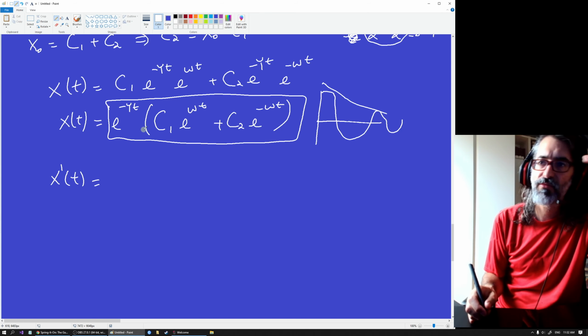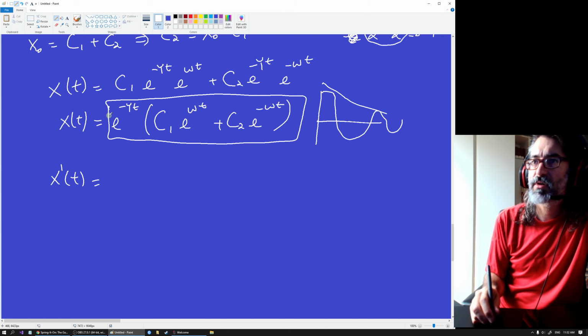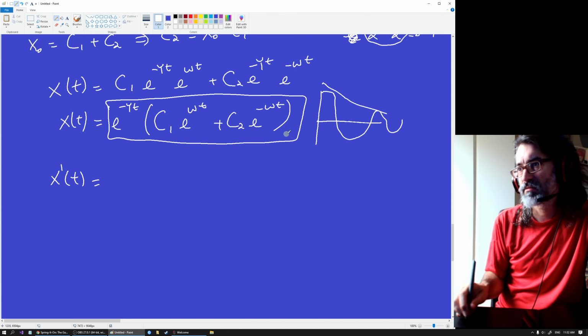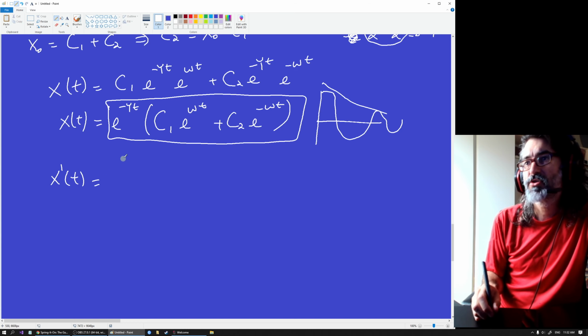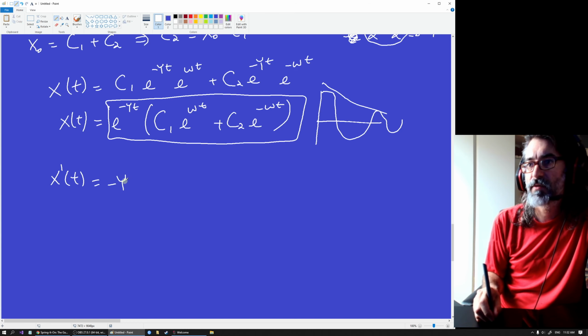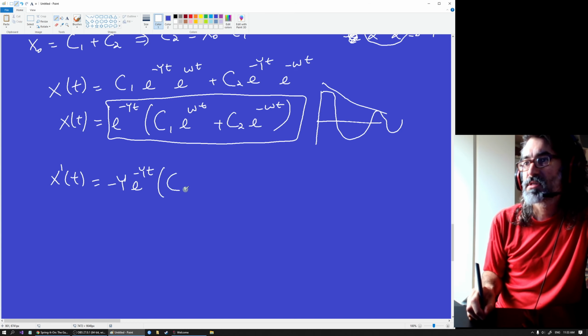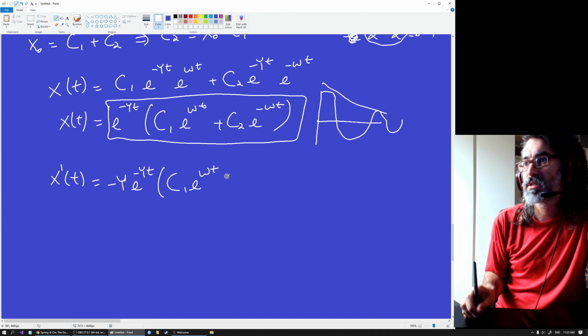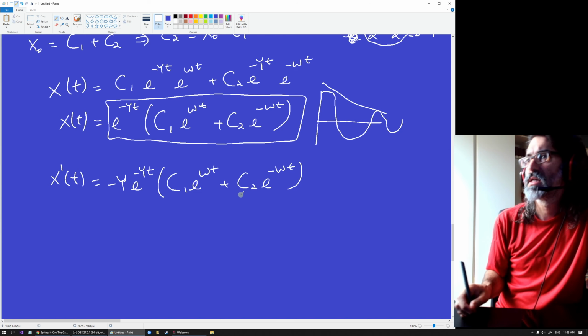We need to remember the product rule for differentiation. We're going to differentiate this one and multiply by this, and then keep this one the same and differentiate this one. So what happens when I differentiate this? It gives me minus y e to the minus yt, times c1 e to the wt plus c2 e to the minus wt.